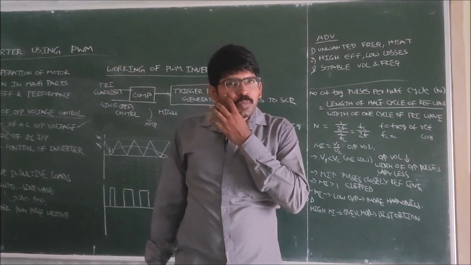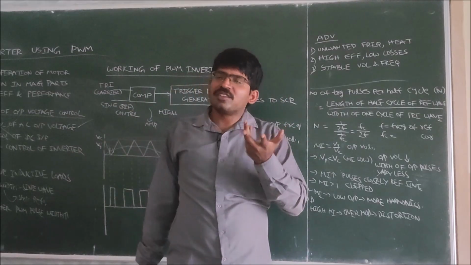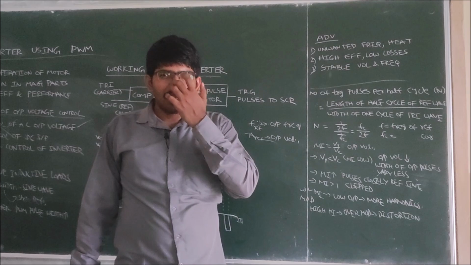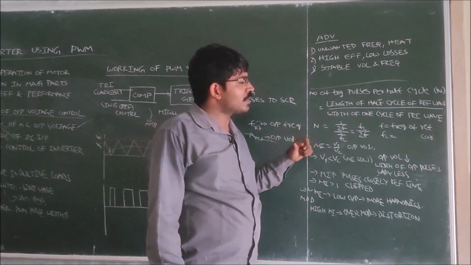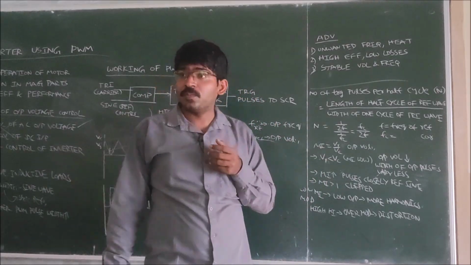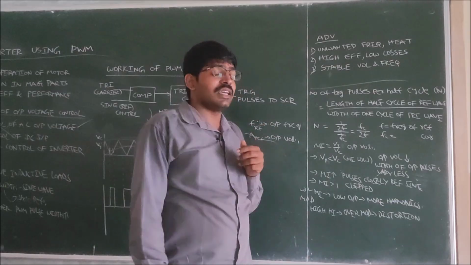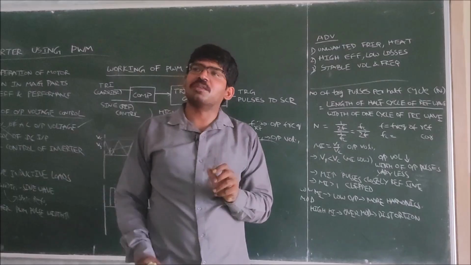If proper voltage is maintained at the output of the inverter, unwanted frequencies will not be generated. The motor will not get heated up easily. Its lifetime will increase. It works with efficiency. Losses will be less, and it operates with a stable voltage and frequency.